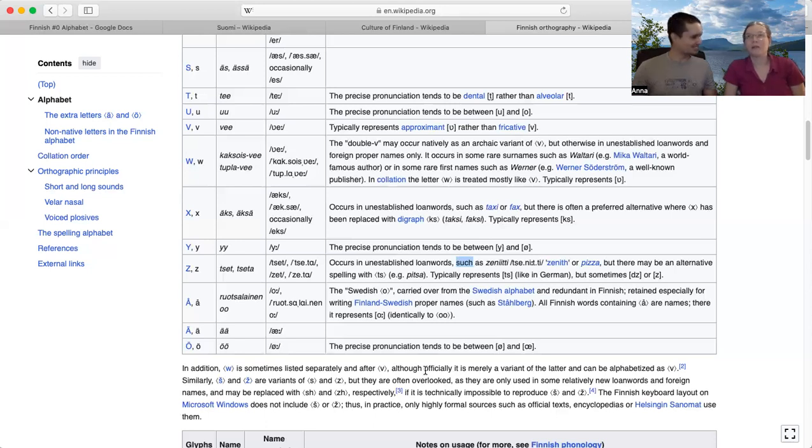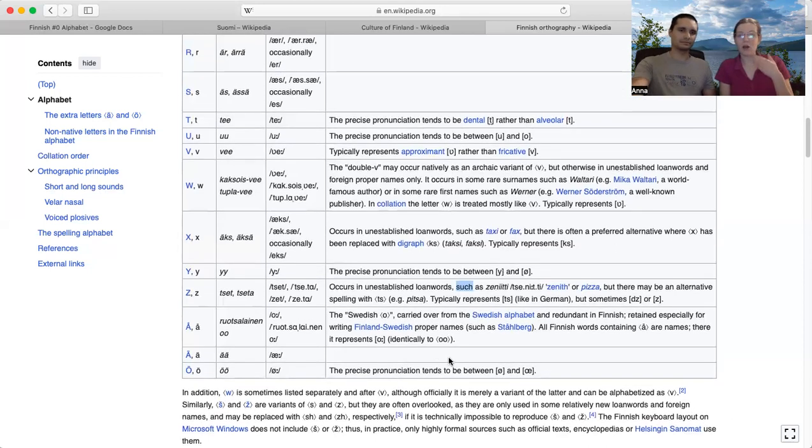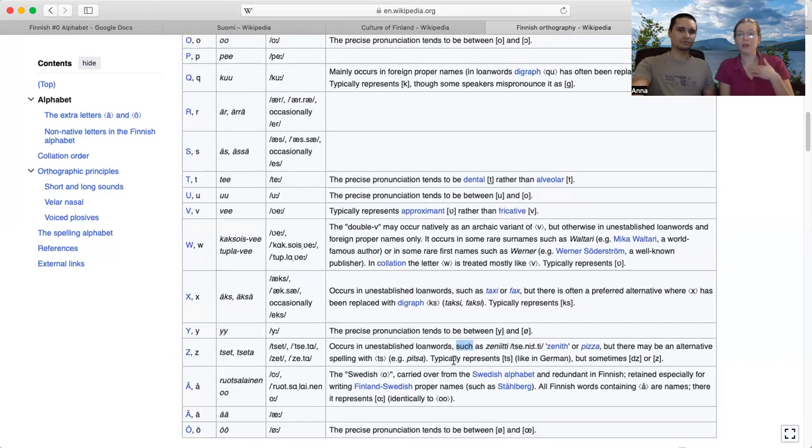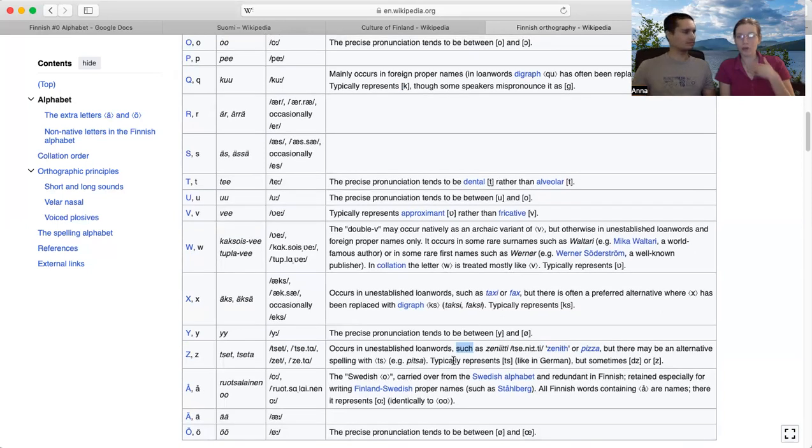I also don't see why it is difficult, but for some reason it is for many language learners. So just remember, there are three pairs of letters in Finnish that you always have to contrast: A and Ä, O and Ö, U and Y. Yes, I'm mixing up languages now. So these three pairs, always the contrast.